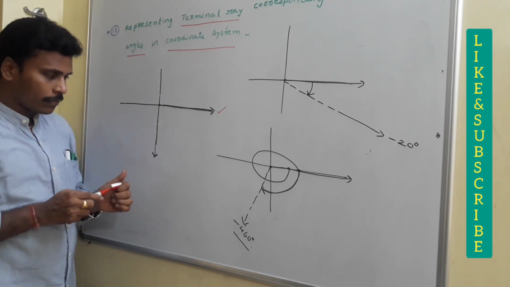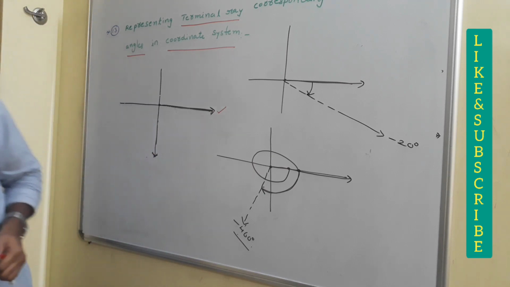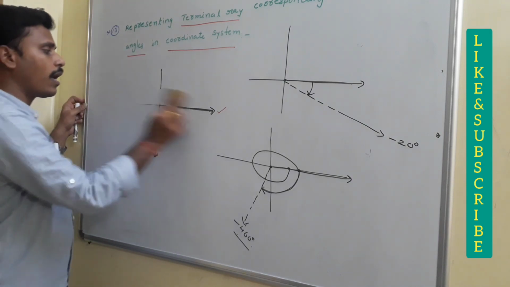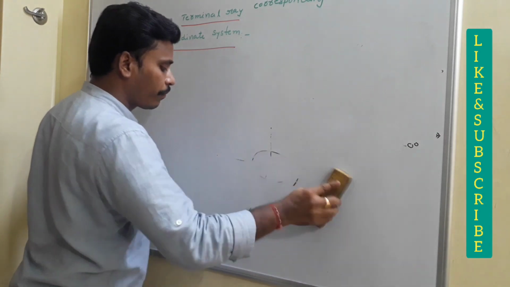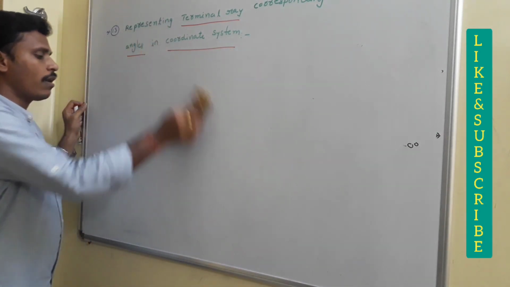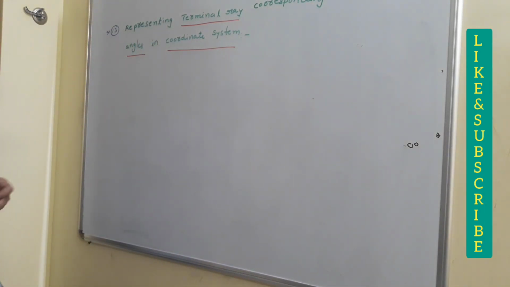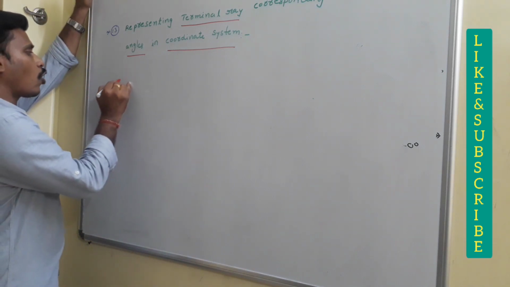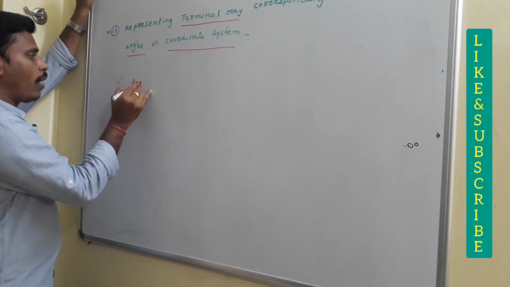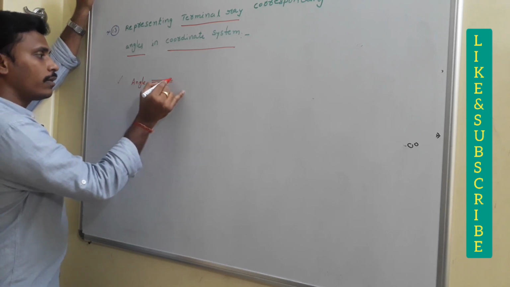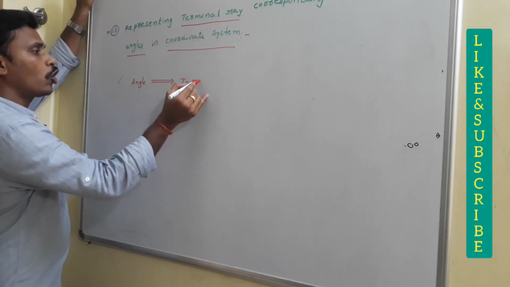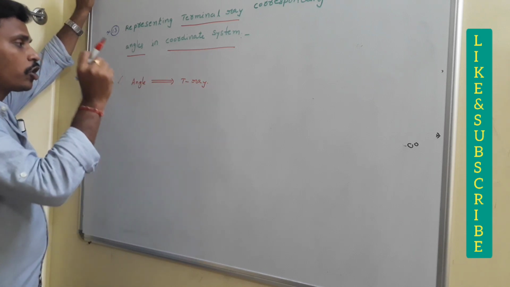Is it clear? Right. And then I will give you one important observation from this total representation, right? If you have an angle, then surely you will get a terminal ray in the coordinate system, and it is for sure.